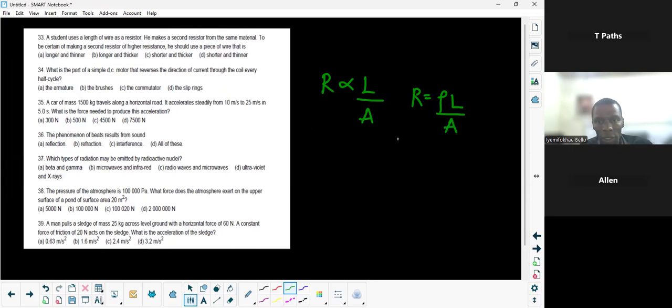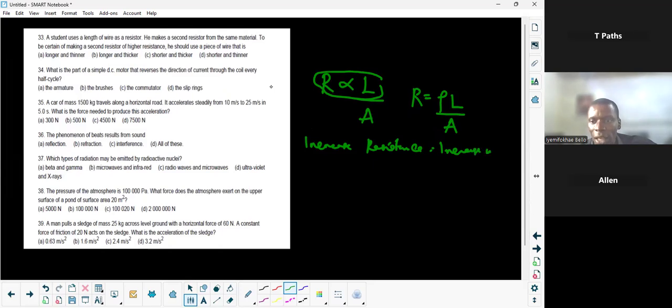Now, what does it mean? It means that, according to your Boyle's law and your Charles' law principle, this is direct variation. In direct variation, the increase of one will lead to the increase of the other one. So the increase of resistance will lead to what? Increase in length.